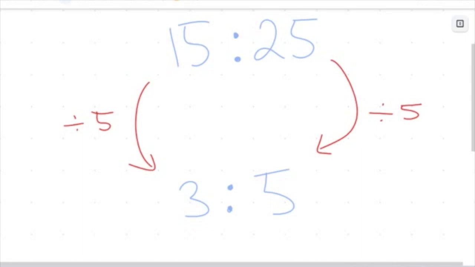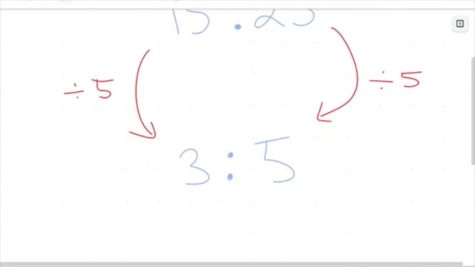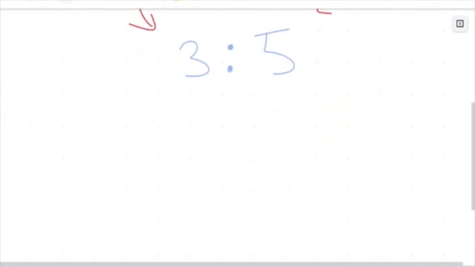Now, let's move in a further direction here. We've looked at simplifying whole number ratios. Let's look at what happens when we want to simplify fractions, for example. So let's look at example 1.